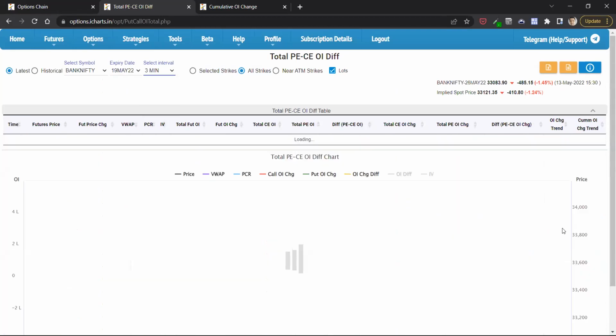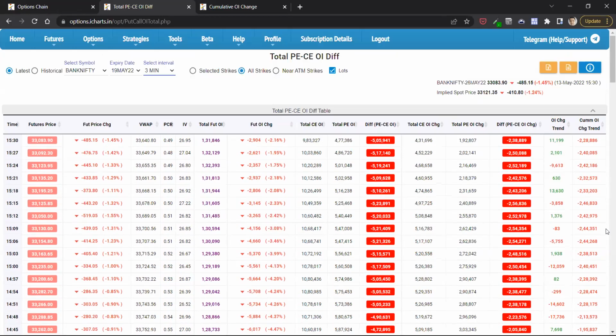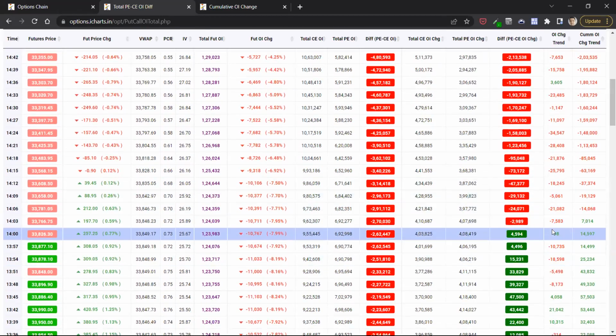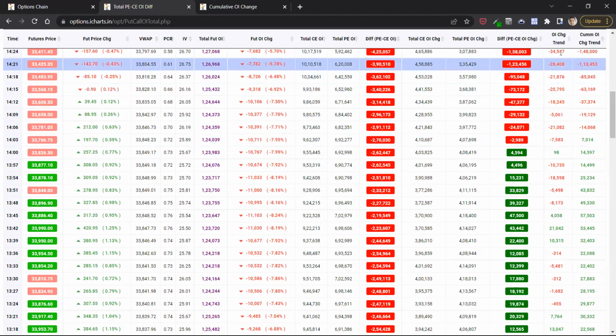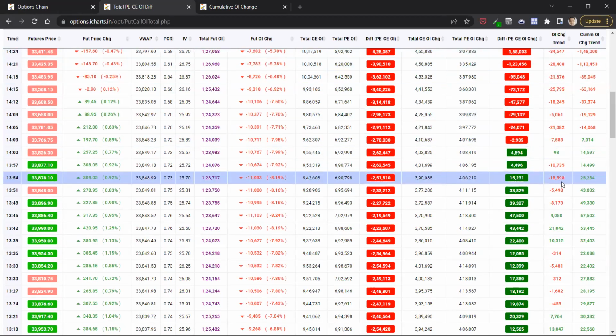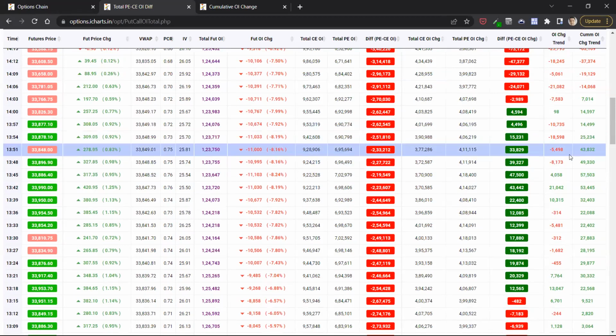If we see the 3-minute level, this went negative at almost the same time, probably a couple of minutes earlier. But this will give you a little bit of warning earlier.